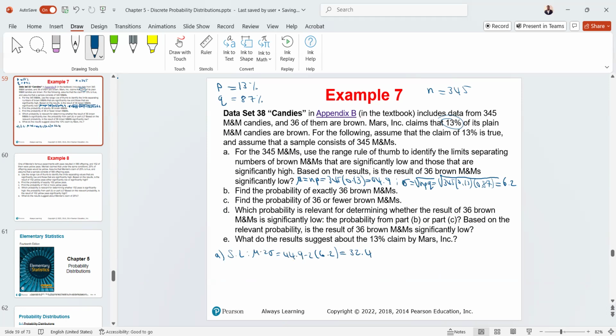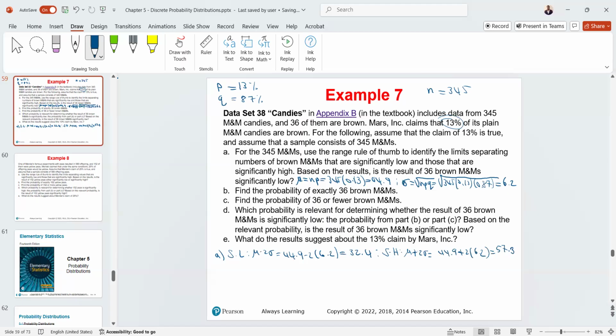32.5. And for significantly high, mean plus 2 standard deviations, that means 44.9 plus 2 times 6.2. When you add it, the final answer is 57.3.